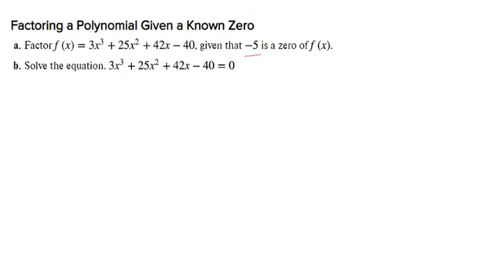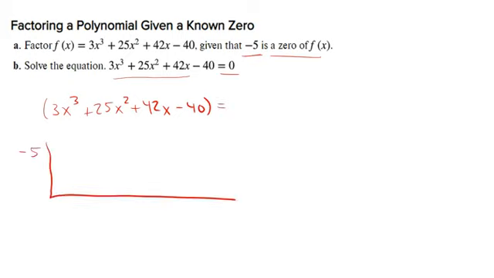So here we want to factor this entire equation, and then we're going to use it to solve for where it's equal to 0. We know that negative 5 is a 0 of f of x. So we can use that in synthetic division to break down the function further so that we can factor it and find all of its factors. So we're going to use synthetic division. Bring down 3. 3 times negative 5 is negative 15.